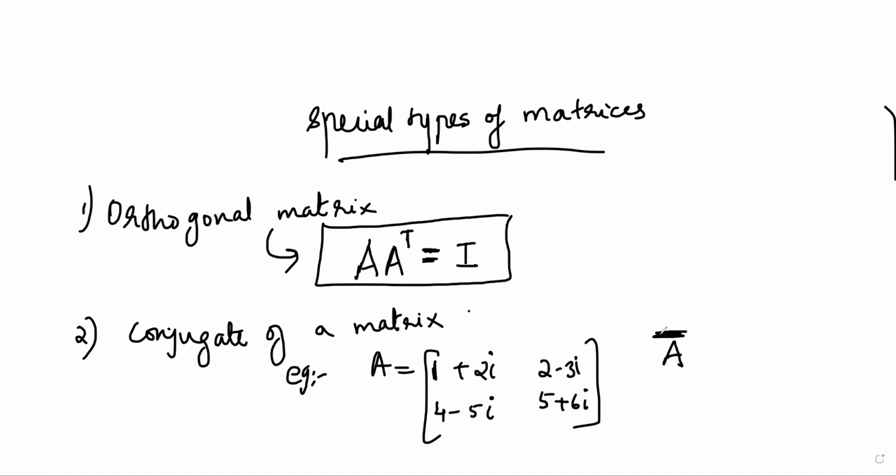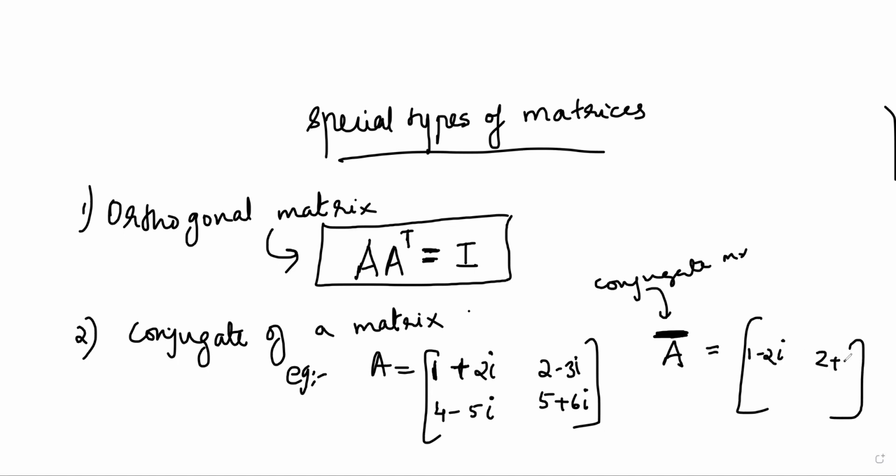A bar. A bar is the conjugate matrix, and it is given by 1 minus 2i. That means change the sign of the imaginary part.